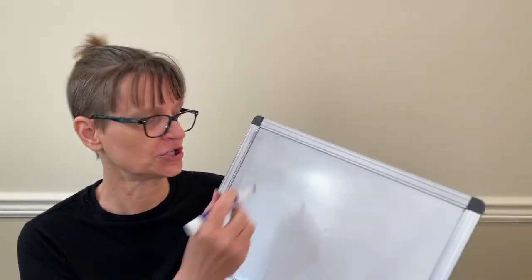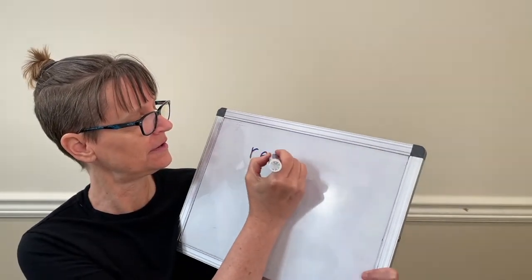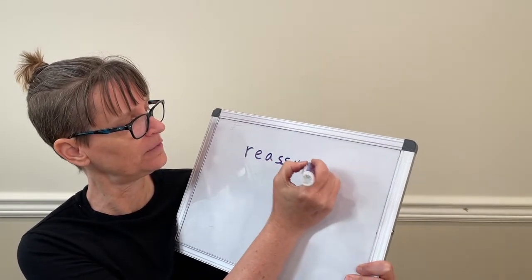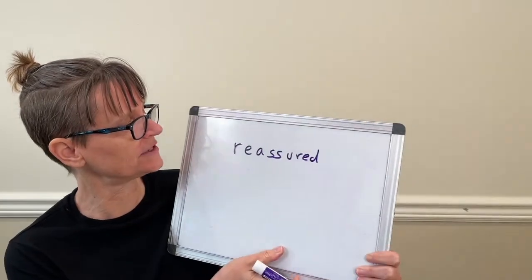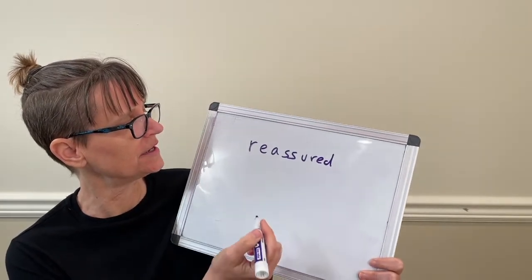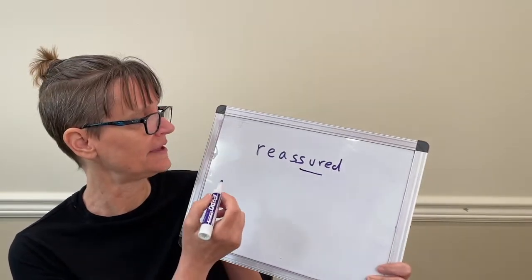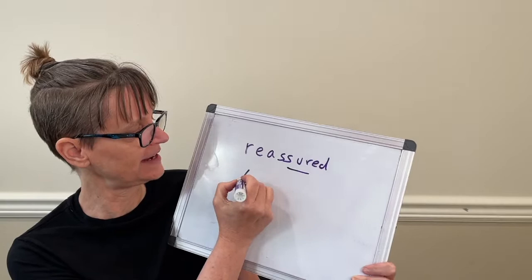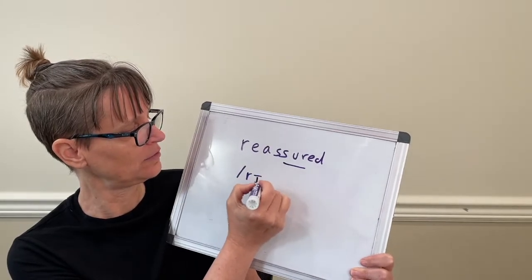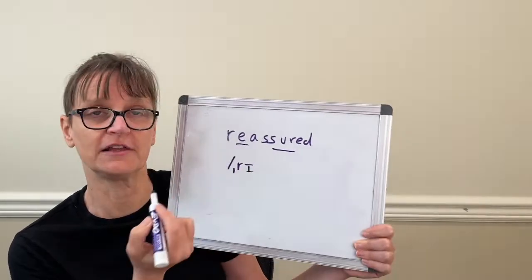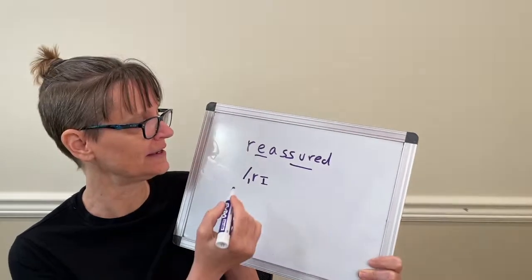Okay, we have a question about the word reassured. He reassured her that she was correct. Reassured. So we have the stress on the shurred syllable. In this case, we do have a little secondary stress probably on the re, because we do say a clear E vowel here for this re.